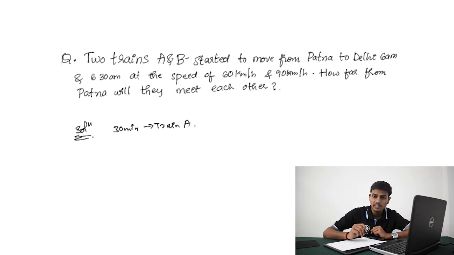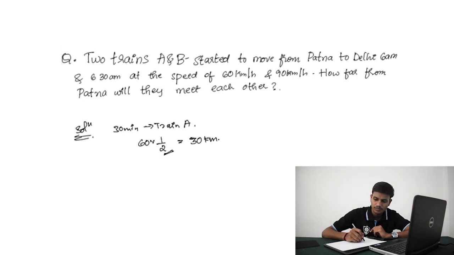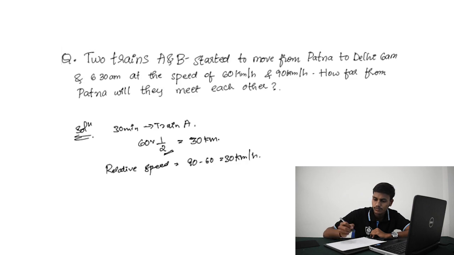So the distance train A has covered in 30 minutes is given by 60 into 1 by 2, which is equal to 30 kilometer. 1 by 2 is nothing but 30 minutes of the hour. For both the trains moving in the same direction, we take the relative speed, which is 90 minus 60, equal to 30 kilometer per hour.